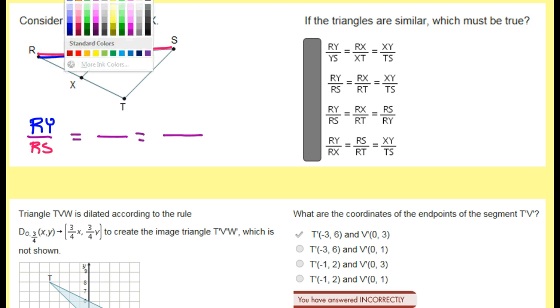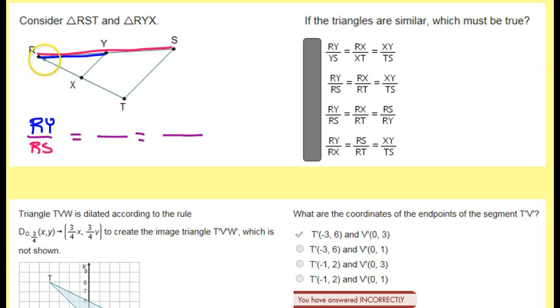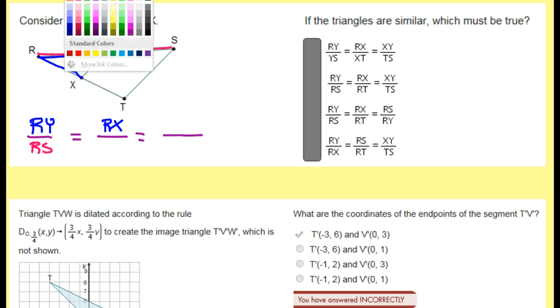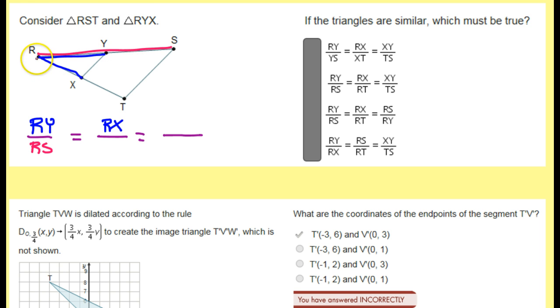Now in the smaller triangle, next we have RX. And in the big triangle, that would correspond with RT.